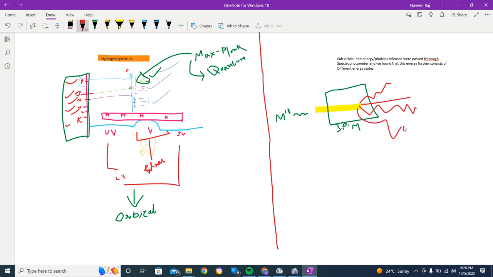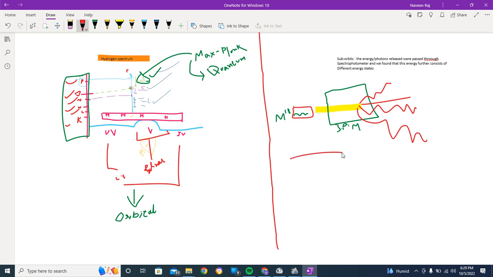So we got some difference from the energy radiated. We analyzed the energy radiated by the excited atom and found four different kinds of states.